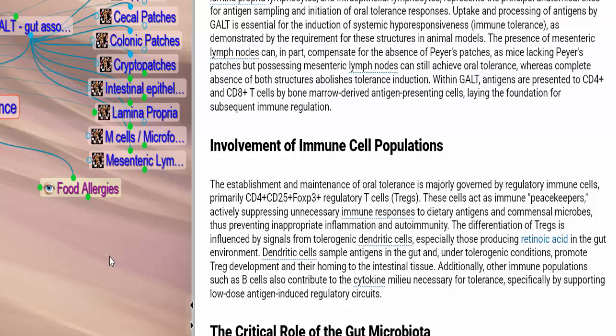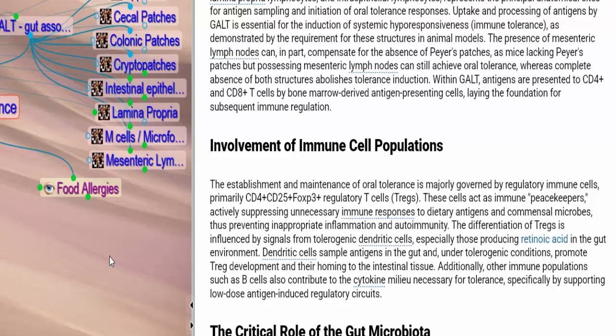And we'll talk about that in a minute. Dendritic cells sample antigens in the gut, and under tolerogenic, that means tolerating, conditions, they promote Treg development, and they home them into our intestinal tissue.